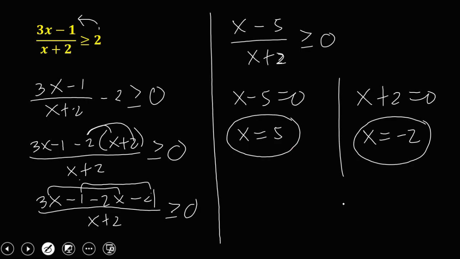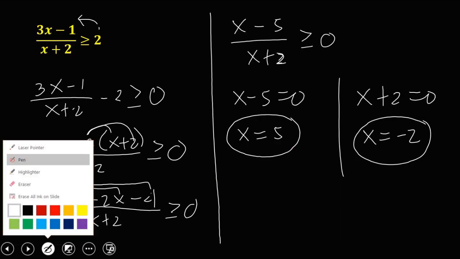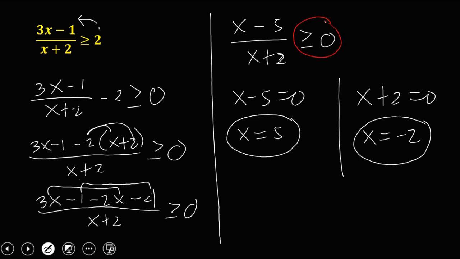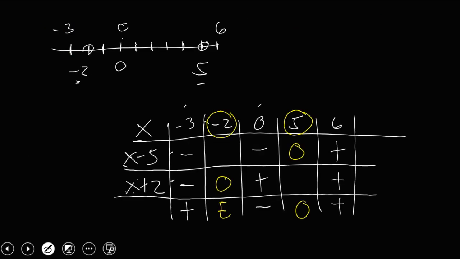Then from the given, we have this one greater than or equal to 0. So since all positive numbers are greater than or equal to 0, just look for the positive result. So on the left of negative 2, we have positive, and also positive on the right of positive 5.